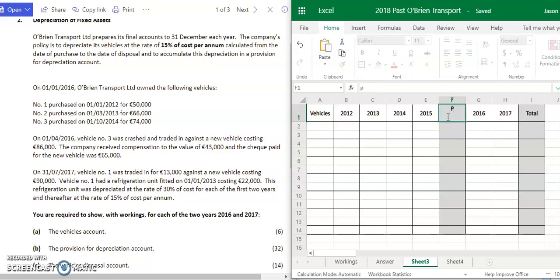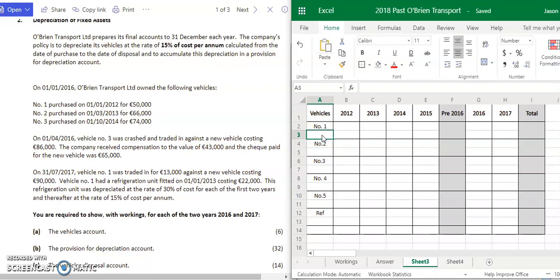And this column here is going to help us calculate the depreciation for all the vehicles from 2012, 13, 14, 15, pre-2016. And then going down this column here, we're just going to put in our vehicles and how much they cost. Number 2, number 3, vehicle number 4, vehicle number 5, and don't forget your refrigeration.